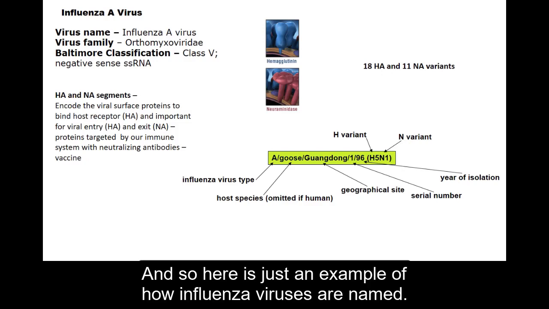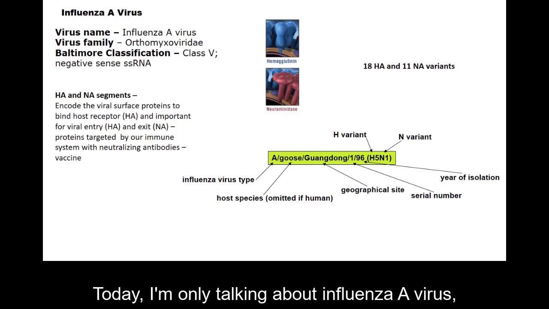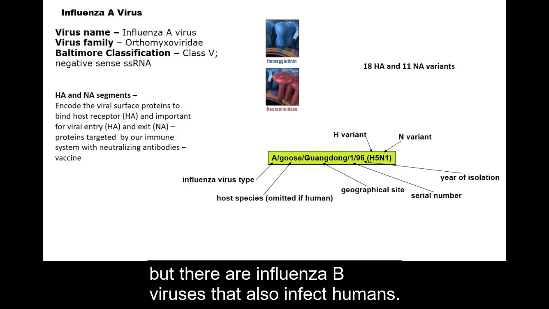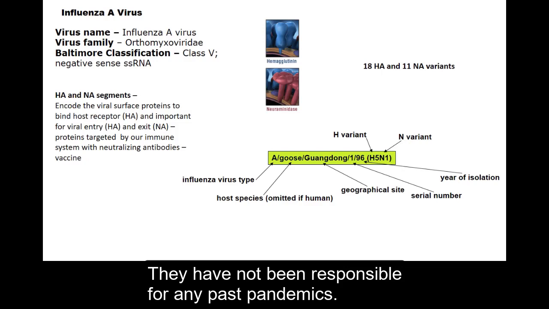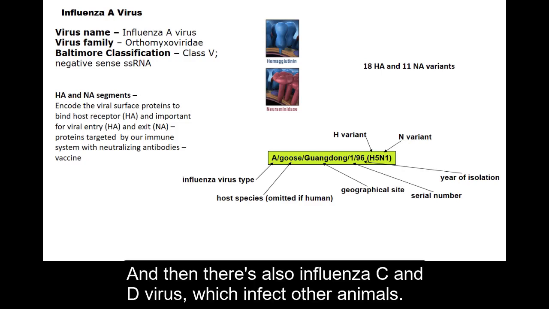And so here is just an example of how influenza viruses are named. First is the type. Today I'm only talking about influenza A virus, but there are influenza B viruses that also infect humans. They have not been responsible for any past pandemics. And then there's also influenza C and D virus, which infect other animals.